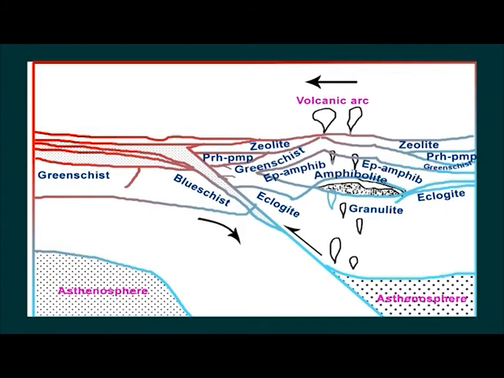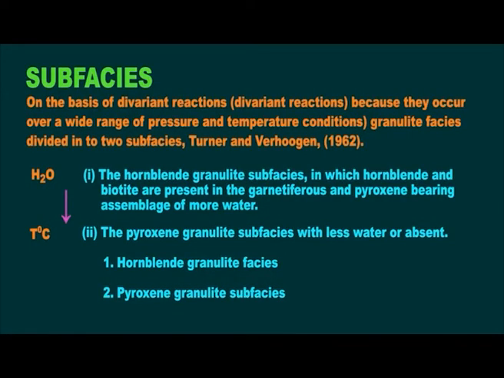Thus, two subfacies, hornblende granulites and pyroxene granulites, are recognized on the basis of divariant reactions because they occur over a wide range of pressure and temperature conditions. The granulite facies is divided into two subfacies. The hornblende granulite subfacies, in which hornblende and biotite are present in garnetiferous and pyroxene-bearing assemblages, has more water. Second, when temperature increases, the pyroxene granulite subfacies has less water or no water.